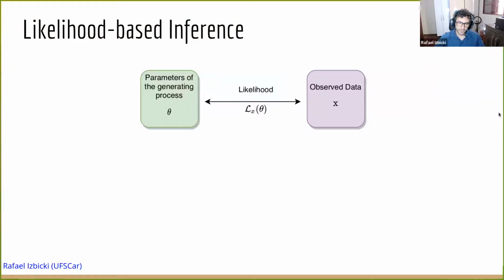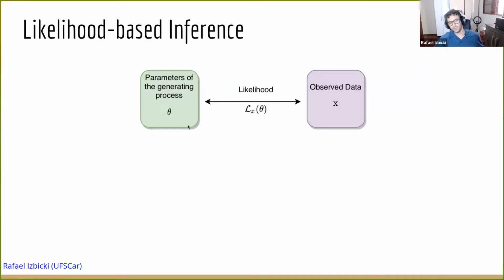This is the ABC seminar series, so I'm pretty sure most of you are familiar with this, but just to make sure everyone is on the same page: in a typical parametric statistical problem, you have parameters, which I'm denoting by theta, and you want to make inference about these parameters. So you want to at least constrain what are decent, reasonable values for these parameters.